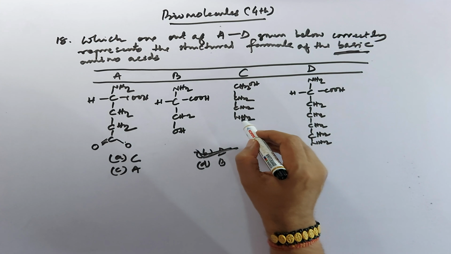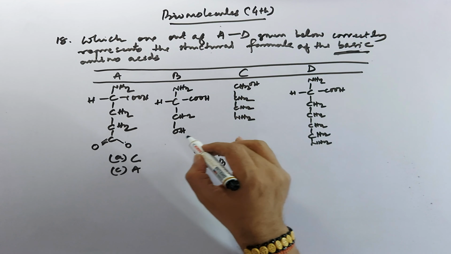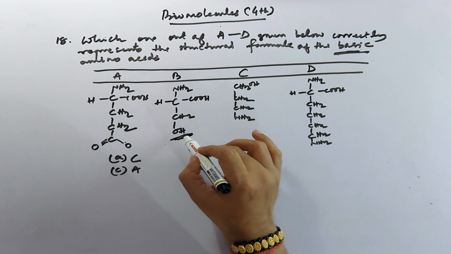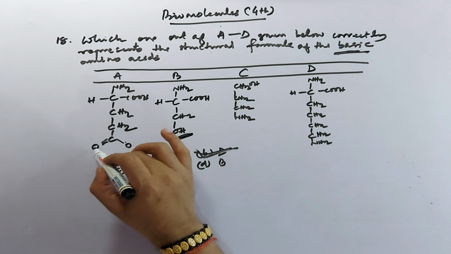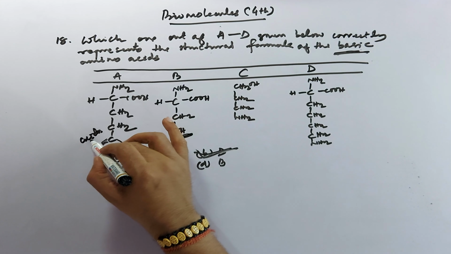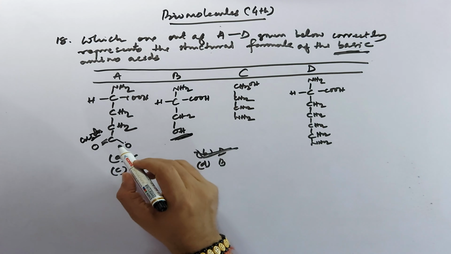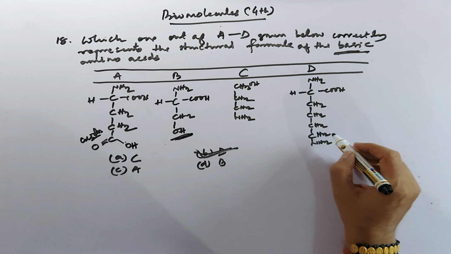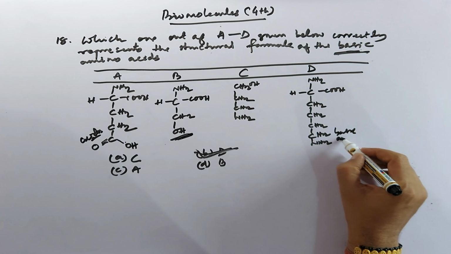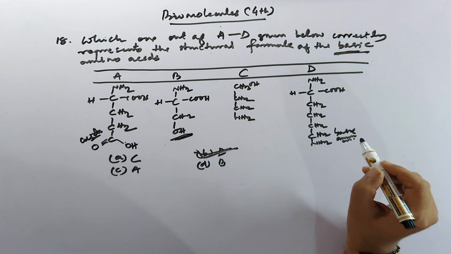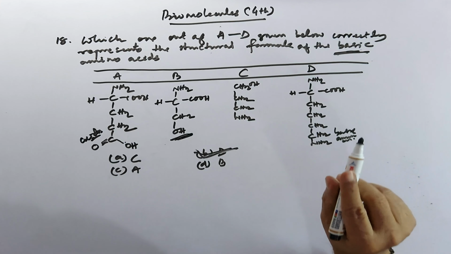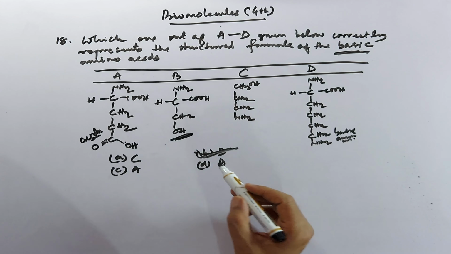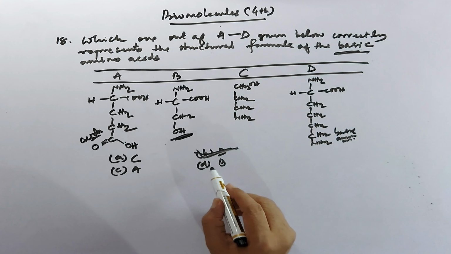This is not an amino acid here; this has an alcohol group, and this one is particularly an acidic amino acid, and this is the alcoholic one, and this is the basic amino acid. So the correct answer is the D option.